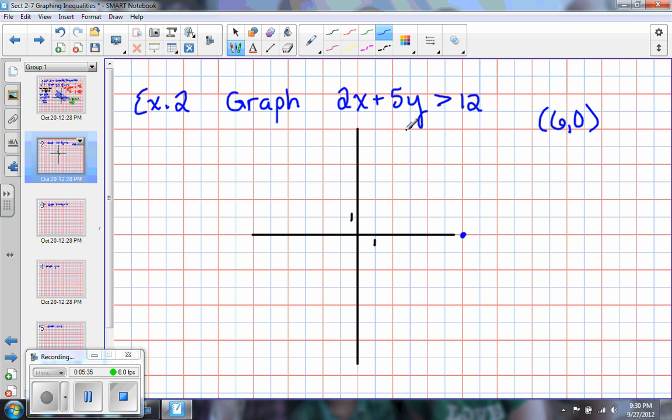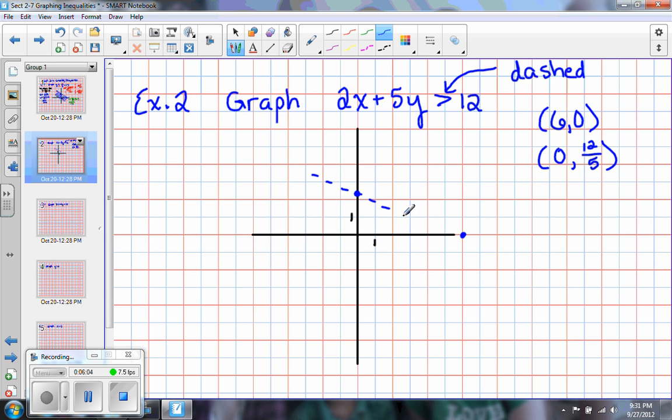And if I let x equal 0, then I get y is 12 fifths. So I'm going to have 0, 12 fifths, which is 2 and 2 fifths. So that's about right here. Just approximate it. Now this time, because it is just greater than, we're going to have a dashed line. My boundary line will be dashed.